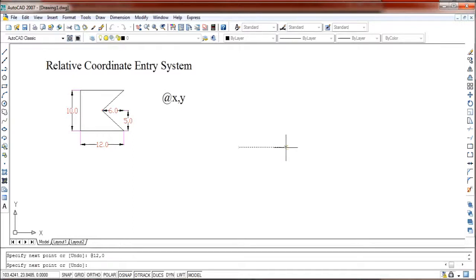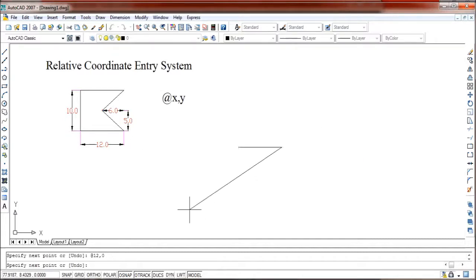So 0 point means my xy coordinate system will come to this point. 6 towards left means negative x-axis, and 5 units upward means positive y-axis.